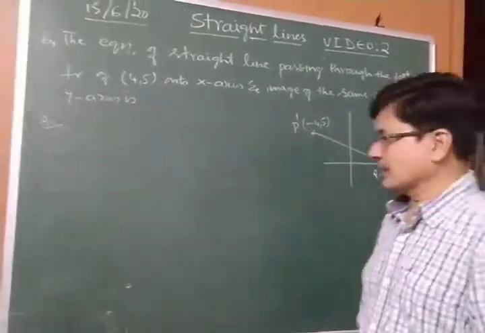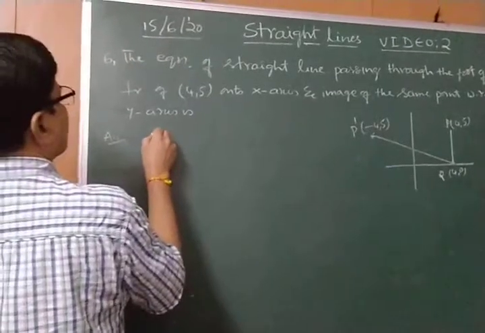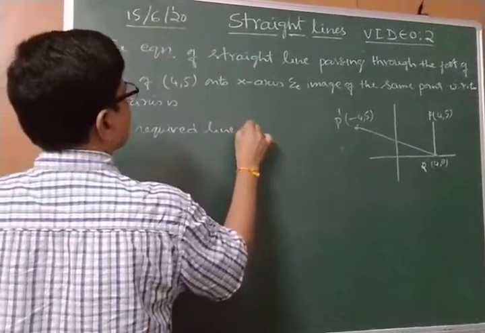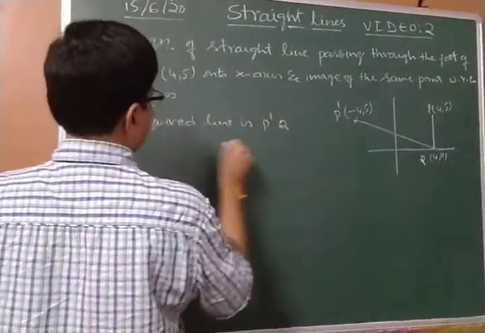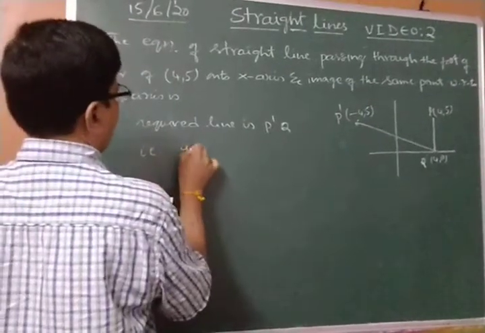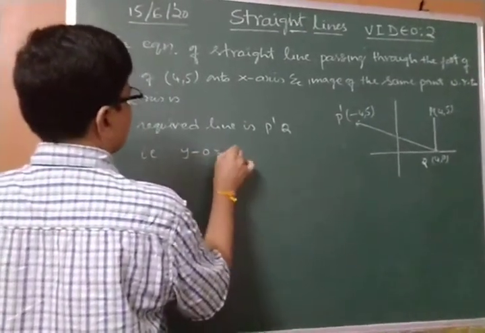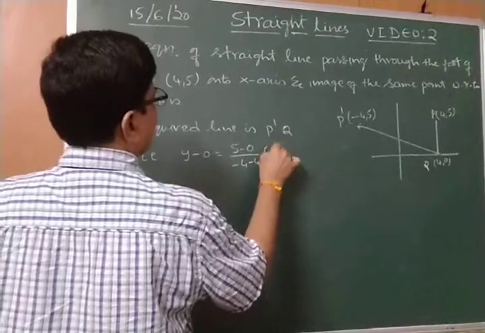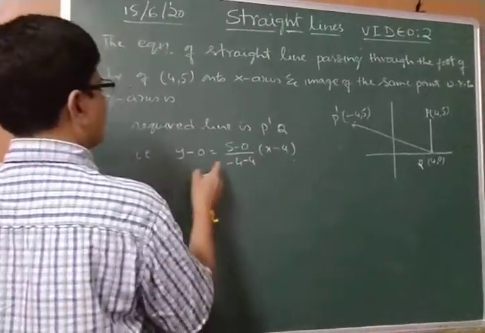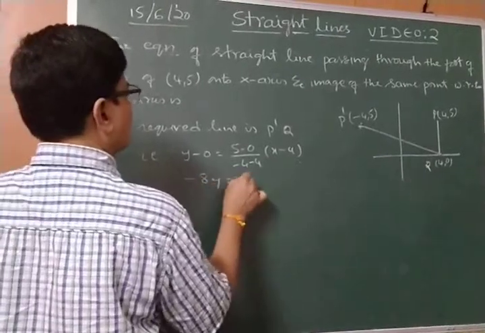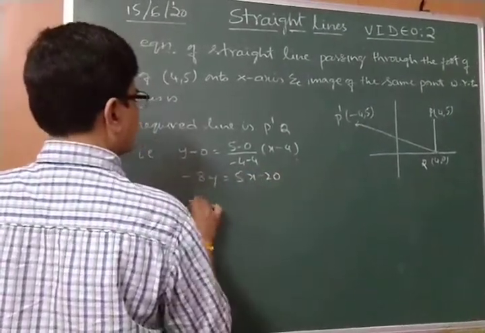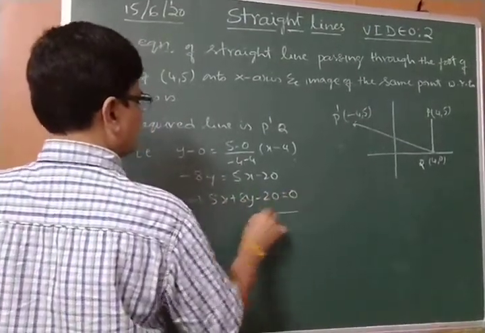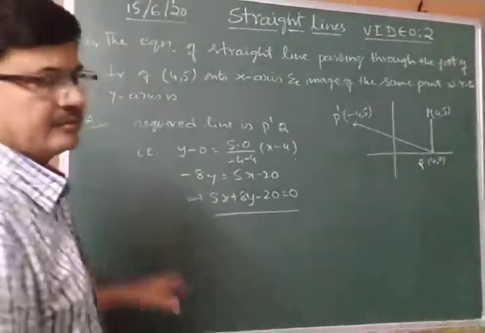The required line is P dash Q: y minus y1 is equal to (y2 minus y1) by (x2 minus x1) into (x minus x1). So minus 8y is equal to 5x minus 20. So 5x plus 8y minus 20 is equal to 0.